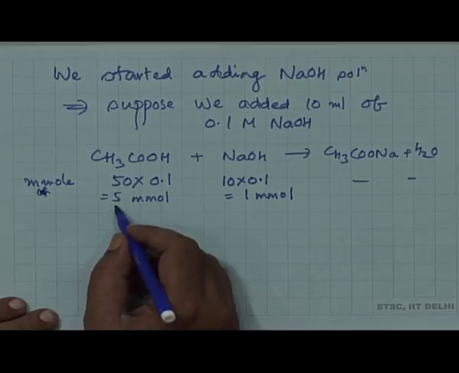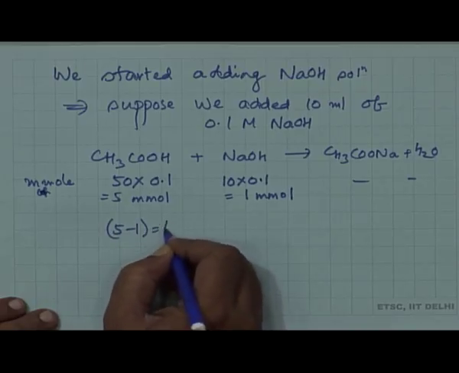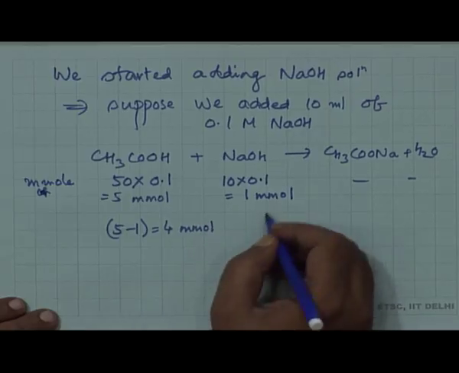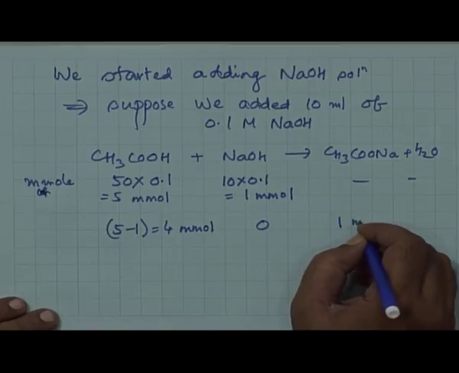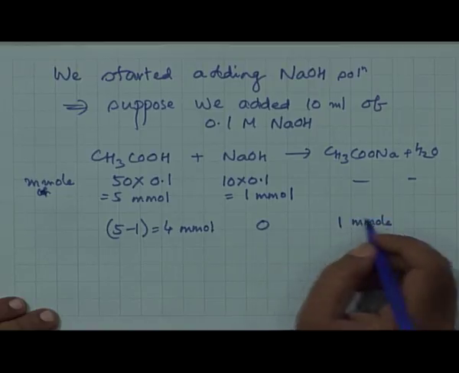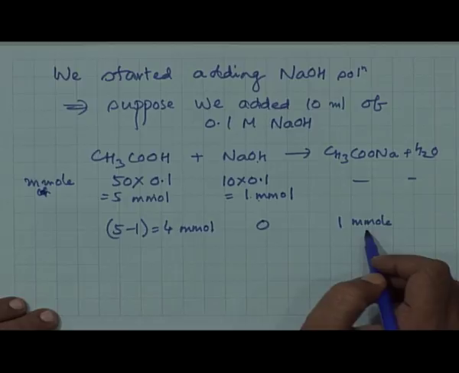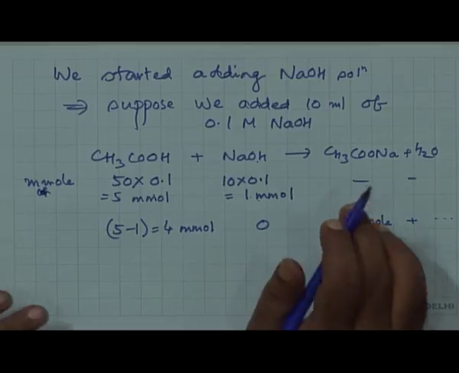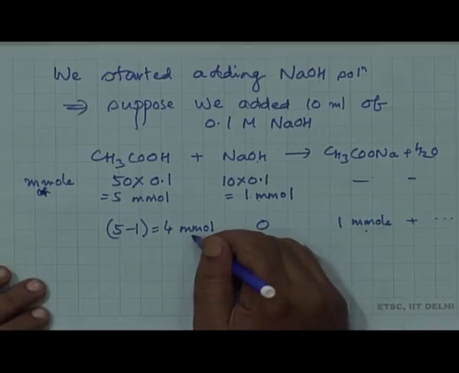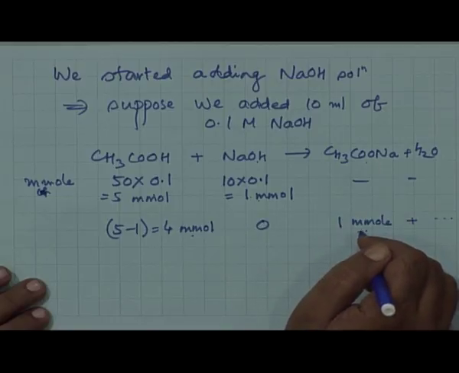What will happen is you will get 5 minus 1, that is 4 millimole of acetic acid, NaOH is 0, and how much salt is formed? 1 millimole. All of the NaOH will react with acetic acid. So in the solution you have 4 millimole of acetic acid and 1 millimole of sodium acetate.